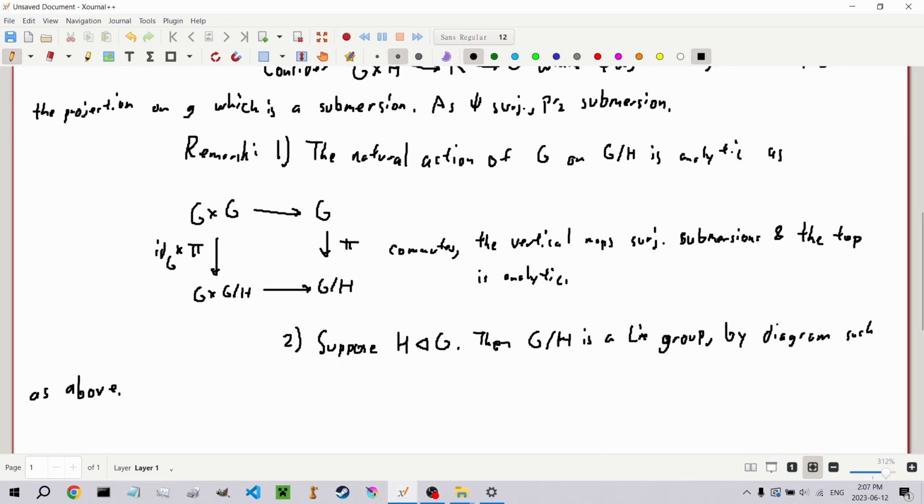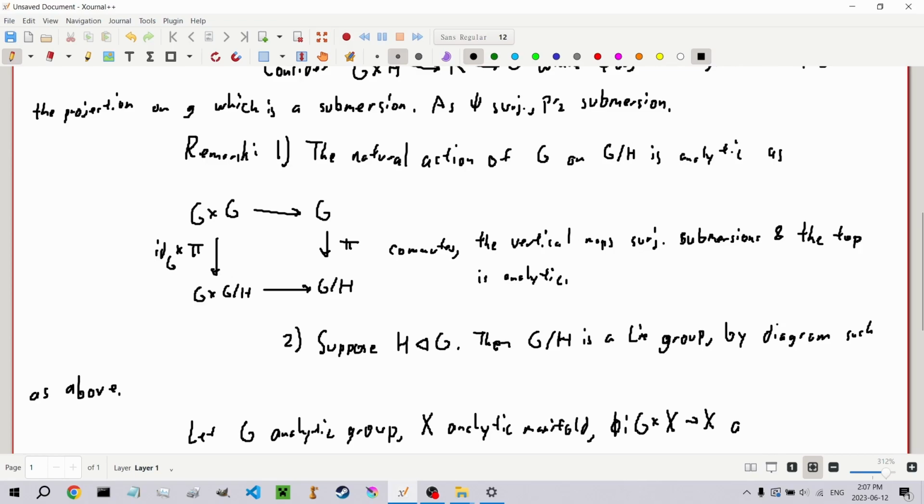So, let G be a Lie group, which I'm going to write here as an analytic group, to pair with the fact that X is going to be an analytic manifold, and phi be a map from G times X to X, a morphism.